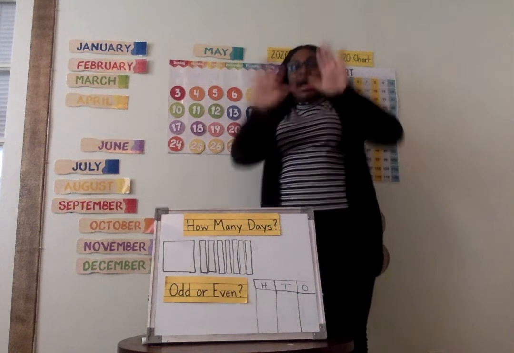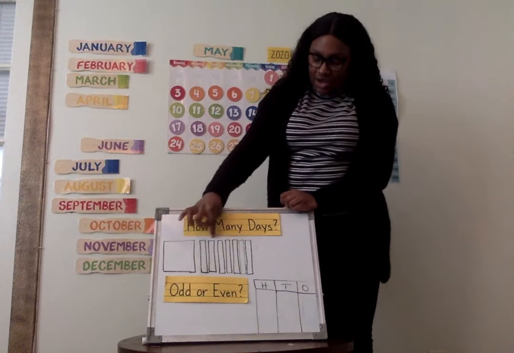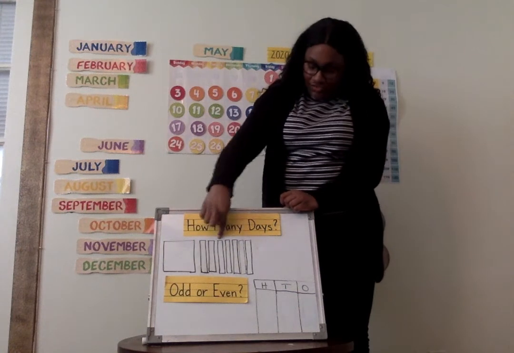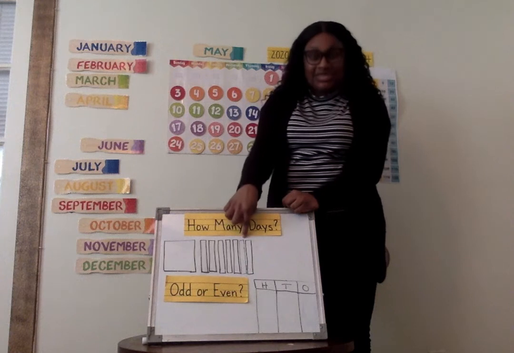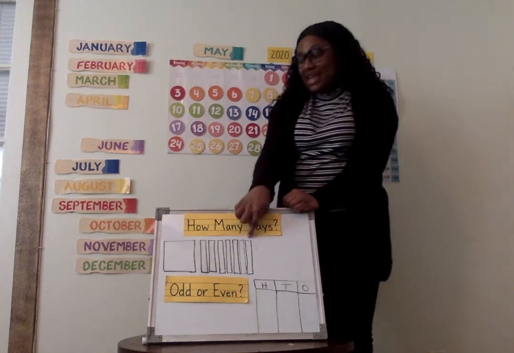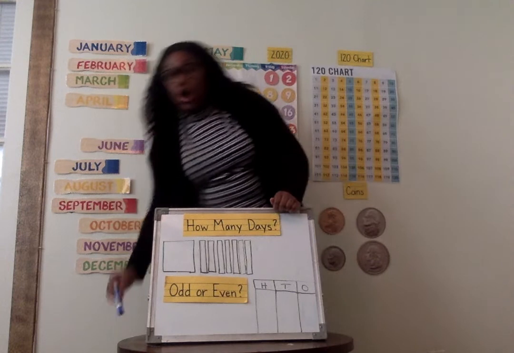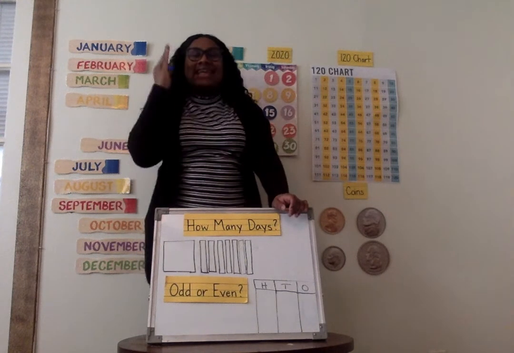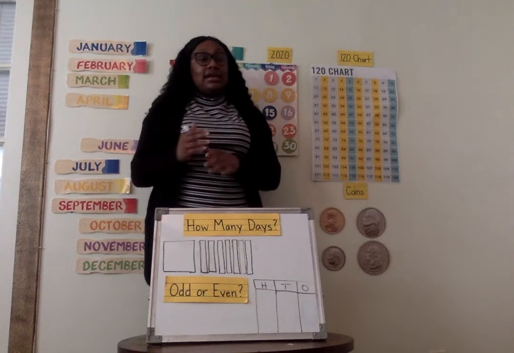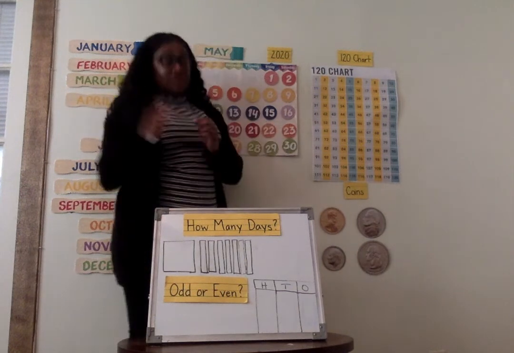Switch. Count by tens. 110, 120, 130, 140, 150, 160, 170. Whoa. We have been in school 170 days. That's a lot of days, friends.